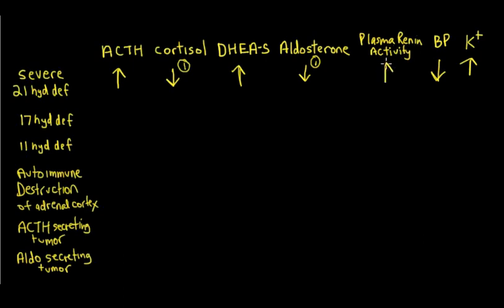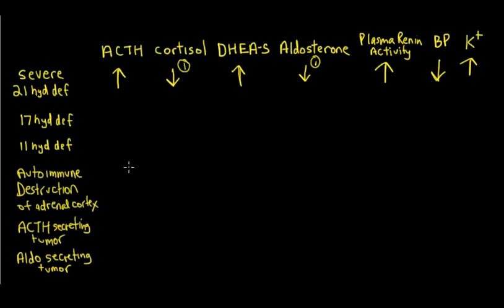So plasma renin activity should be increased. That's what that pattern generally would look like if you were just going to work on the feedback loop that we have. It's not always true that things are going to work out exactly this way with blood pressure and potassium, but in this case, the enzyme defect is so severe that this is what we would expect.